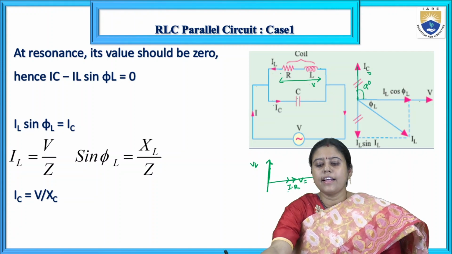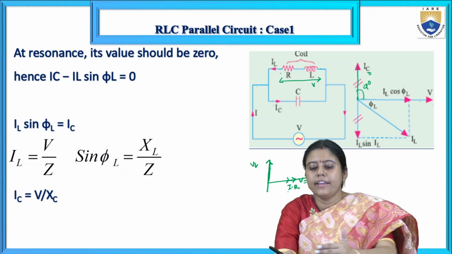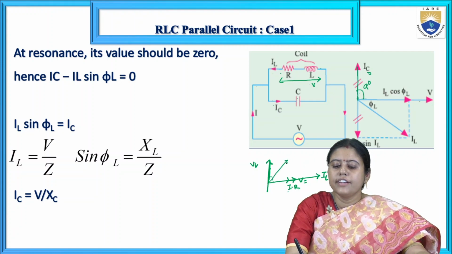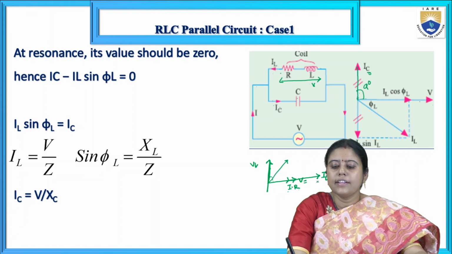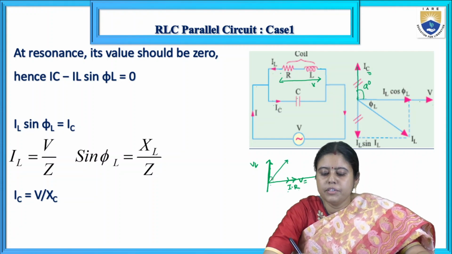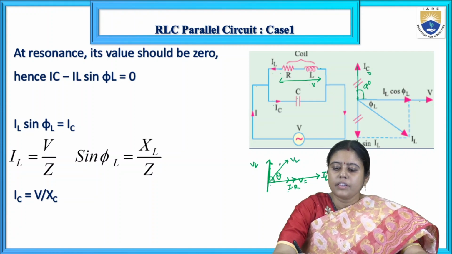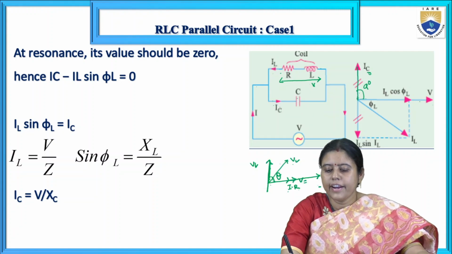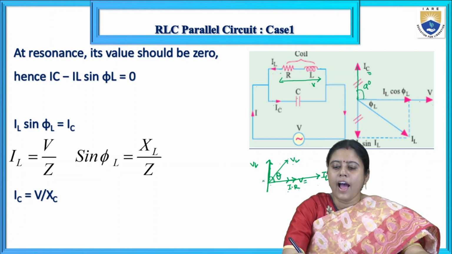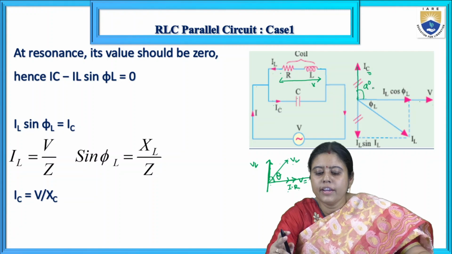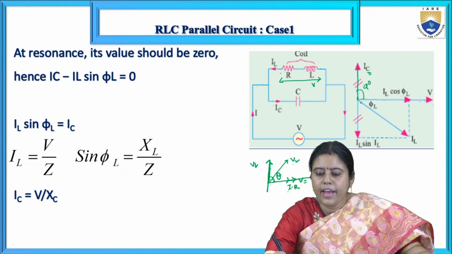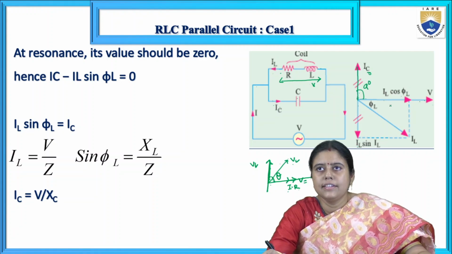So we can think that if this is the theta angle, then IL cos theta is parallel to the IR current, and this is IL sin theta.